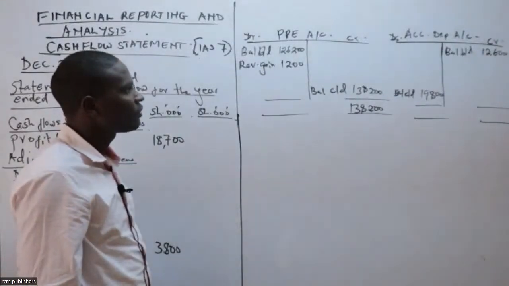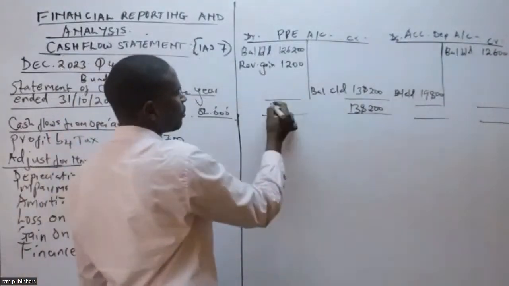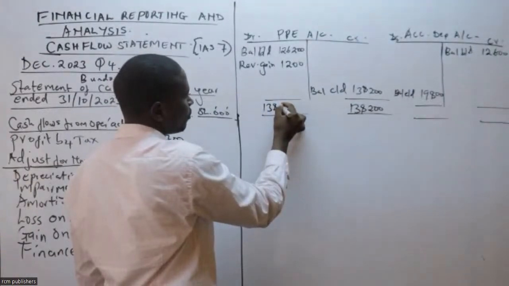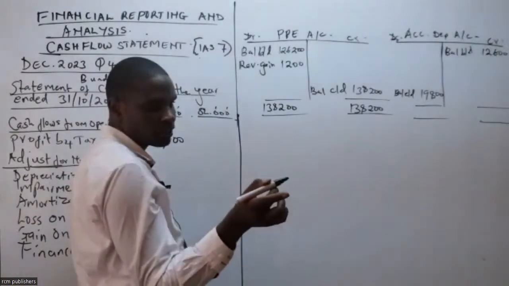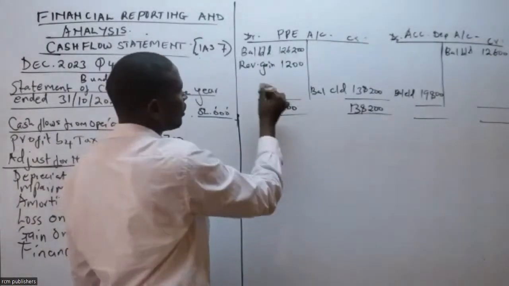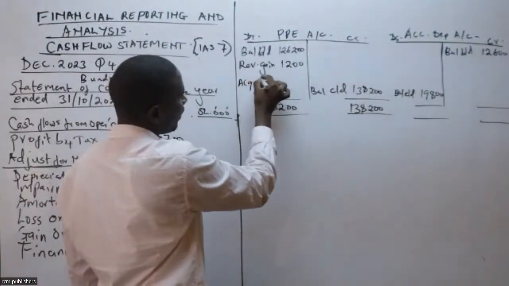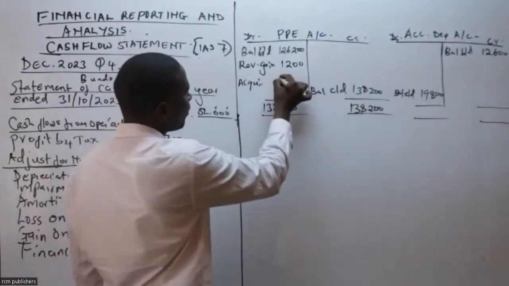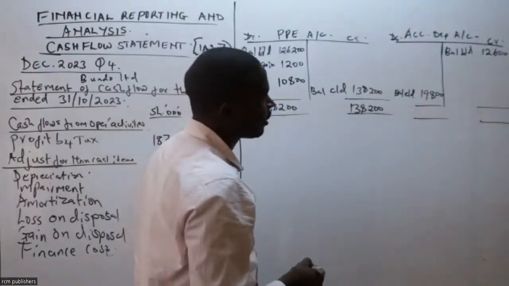Therefore, subtract 127,400 from 138,200. Then we get acquisition. They purchased. They acquired PPE worth 10,800, and we are done.